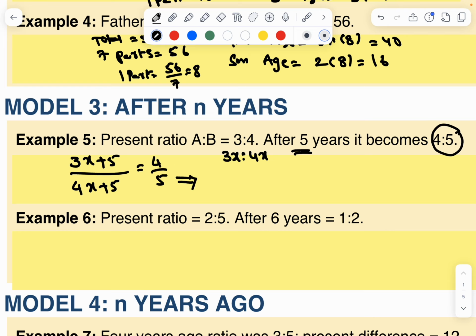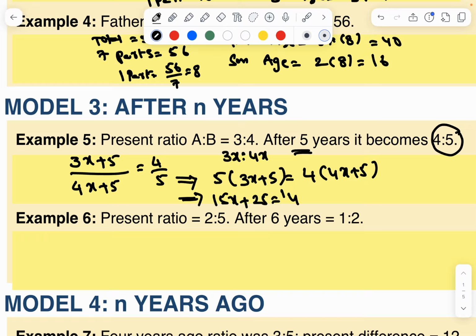Then cross multiply: 5 into (3x plus 5) equals 4 into (4x plus 5). 15x plus 25 equals 16x plus 20. Therefore, x is equal to 5.